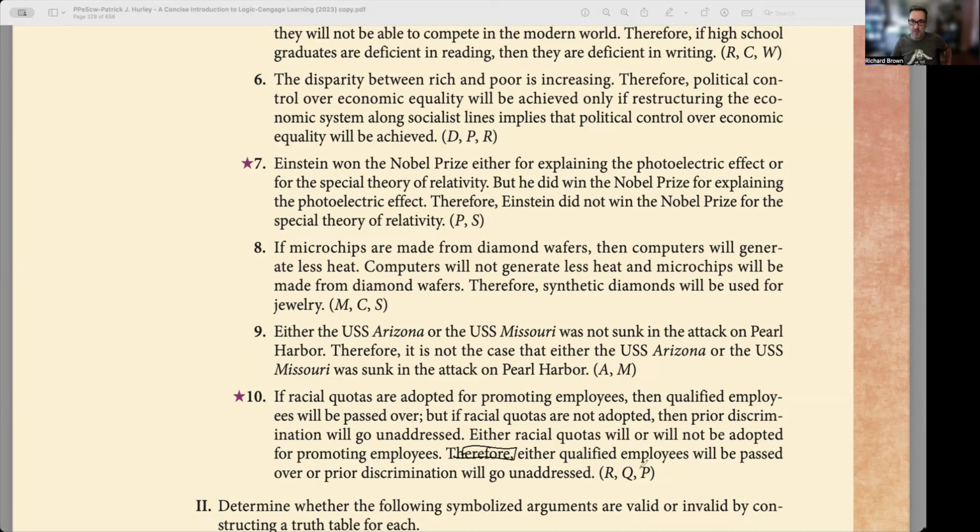And we're given R, Q, and P. R, we can tell, stands for racial quotas are adopted for promoting employees. Q stands for qualified employees will be passed over. And P stands for prior discrimination will go unaddressed. So if we go ahead and translate this argument.